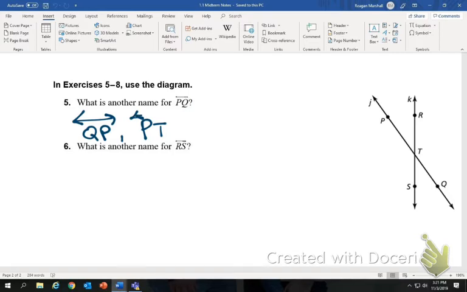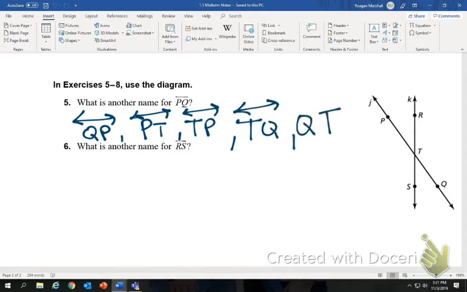But you could say PT, which means, of course, you could say TP. You could say TQ, QT. The last option you could use is using the word line and then the lowercase letter above the line. Any of those are acceptable.